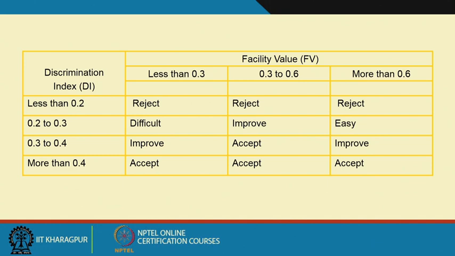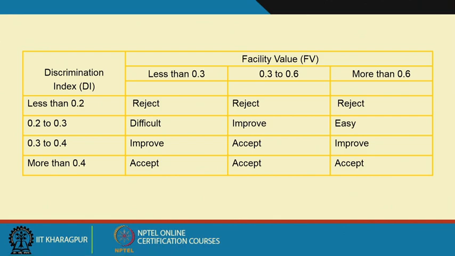This is one kind of table: a discriminative index less than 0.2, less than 0.3, and the facilitation value. I can say a facilitation value of more than 0.6 means the question is very easy, and if the DI is 0.2, most of the students cannot answer that question and it may be rejected, but that depends on what type of evaluation you are making.